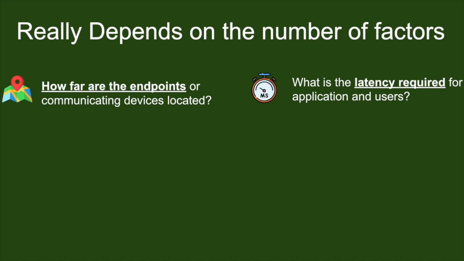A simple example would be a voice application, where the audio is transmitted from a very long distance. It's very important that these packets of audio arrive in a very latency-sensitive manner, because if there is a lag, it is going to affect the way you hear the voice.